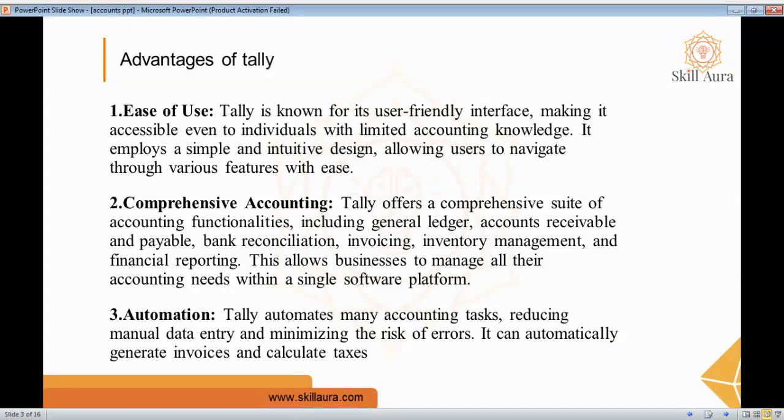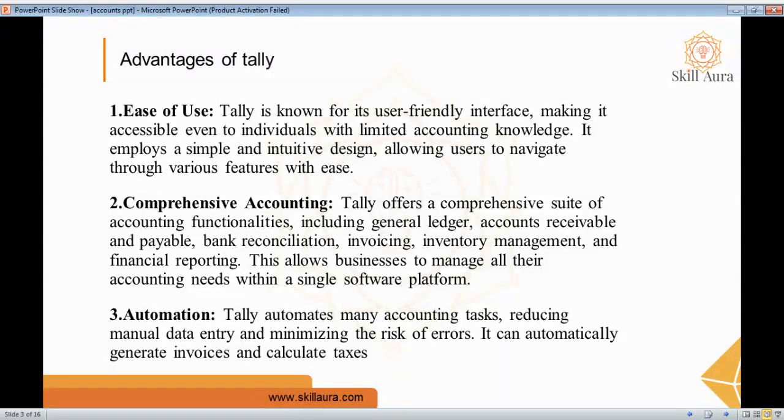And the next advantage is automation. Tally automates many accounting tasks, reduces manual data entry, and minimizes the risk of errors. It can also automatically generate invoices and calculate the tax. So Tally automates many accounting tasks, reduces manual errors, and saves time.